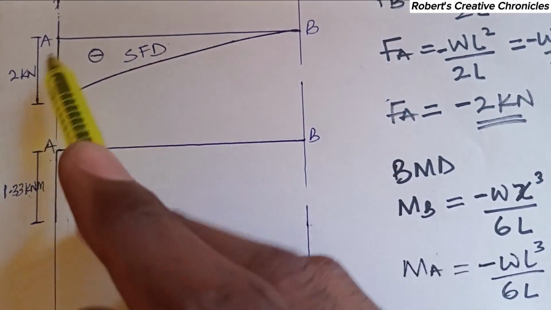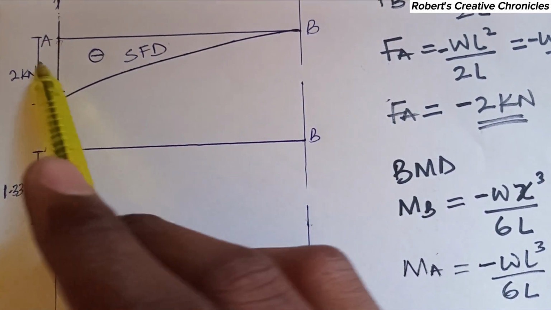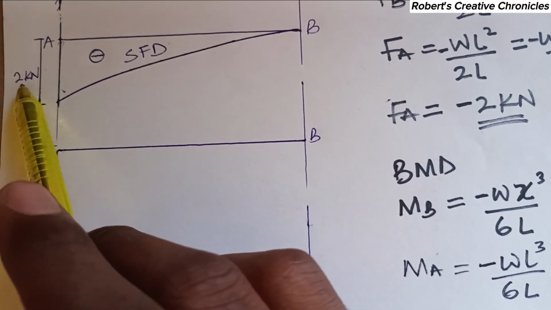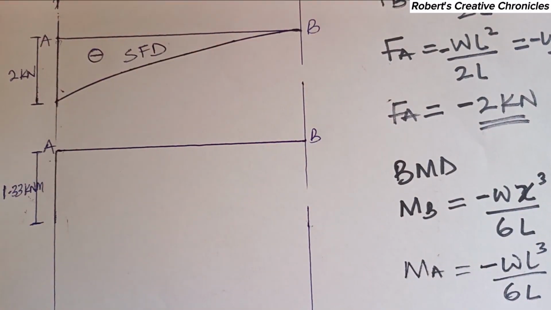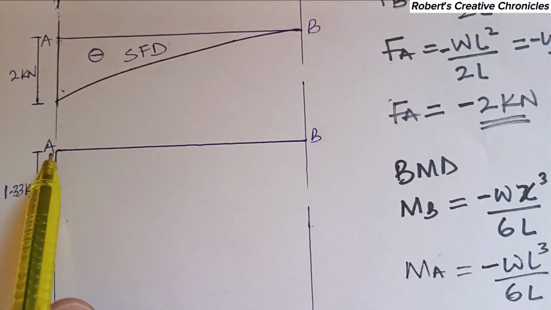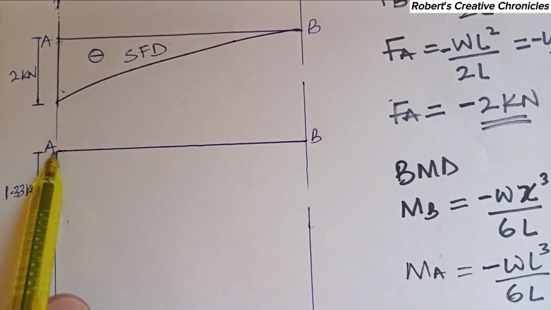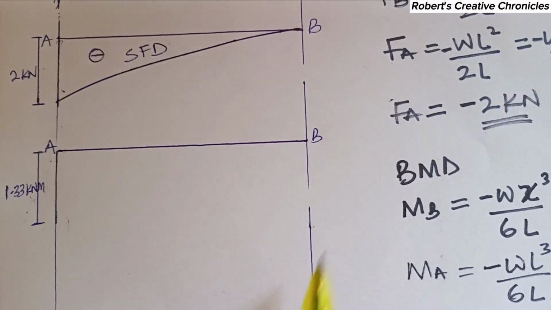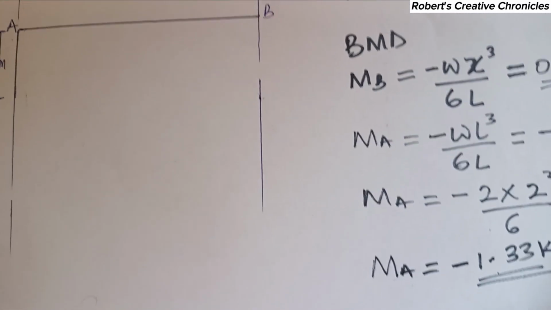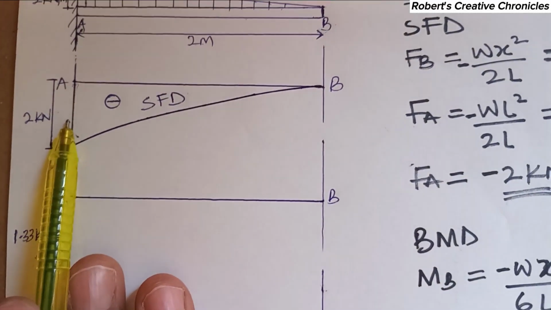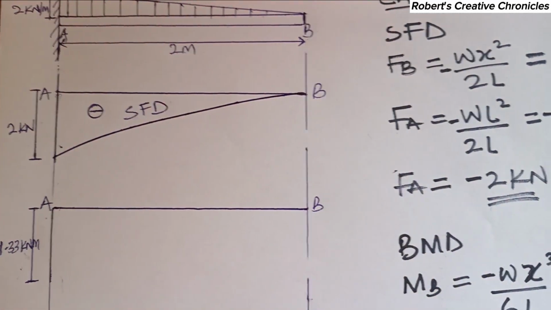Any one you want to use, but the length you are going to use here represents 2 kilonewton. That's why I'm writing 2 kilonewton here, and this 1.33 kilonewton meter. So I'm just trying to tell you that the reason for this length is to account for this bending moment, and likewise this one to account for this shear force.